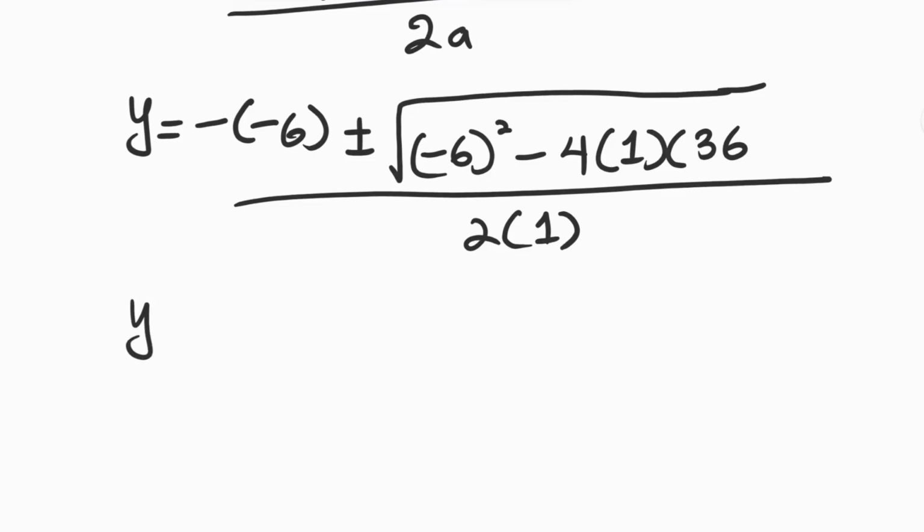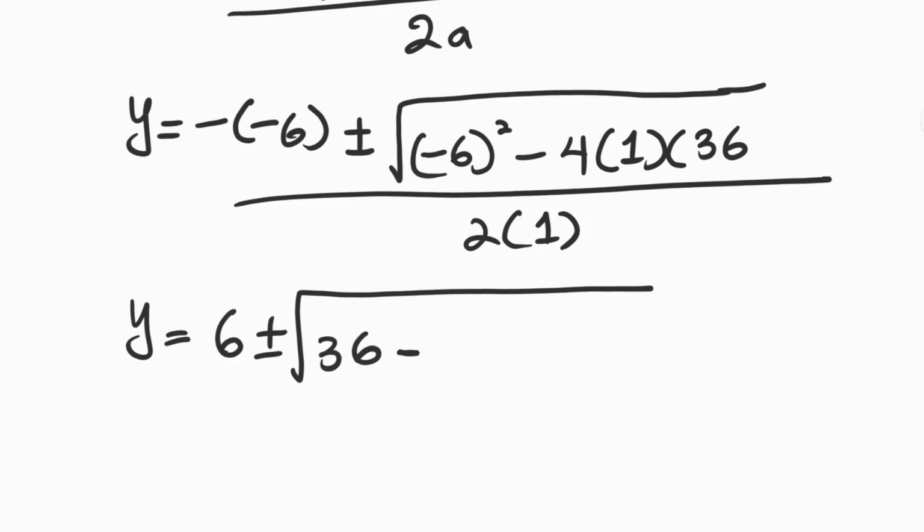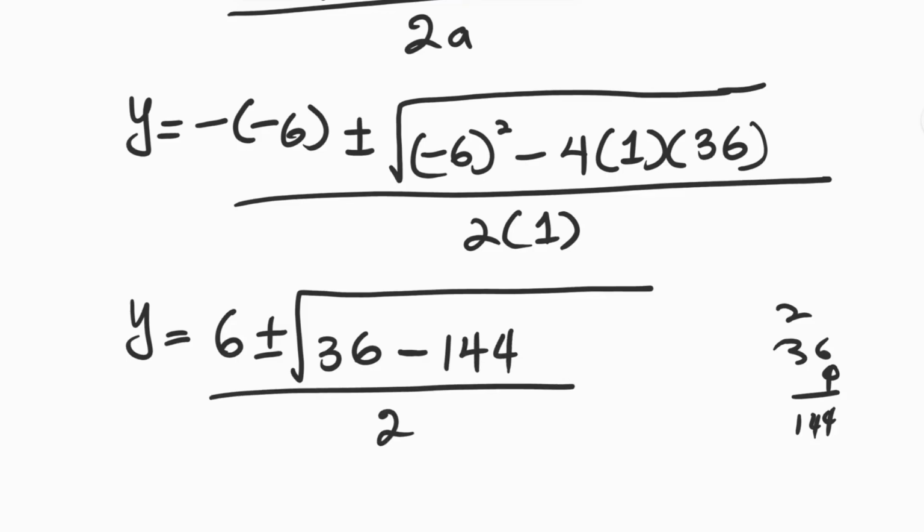Now, y is equal to minus times minus 6, which will give us positive 6. Square root of minus 6 squared will give us 36, minus 36 times 4, which will give us 144, all divided by 2.